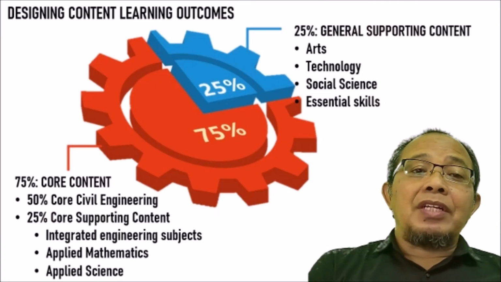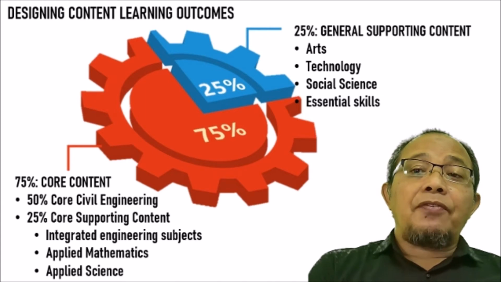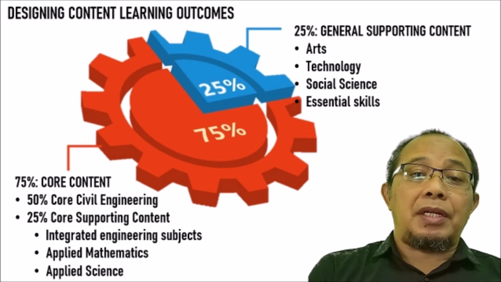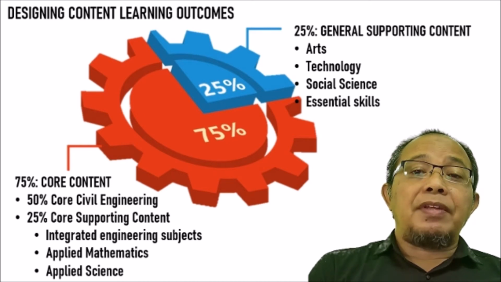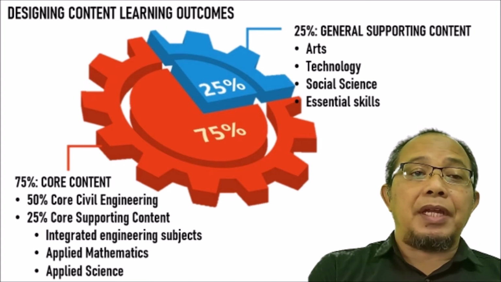The common practice in designing learning outcomes could be a good point of reference to measure the level of content, context, and connection. Take, for instance, a civil engineering course. It might consist of 75% of core content and 25% of general supporting content. In the 75% of core content, there could be 50% of core civil engineering content.